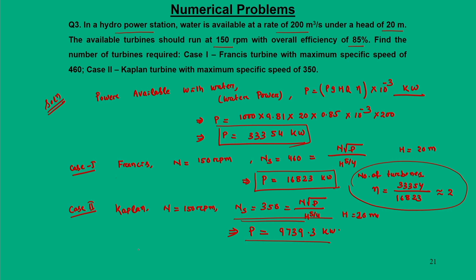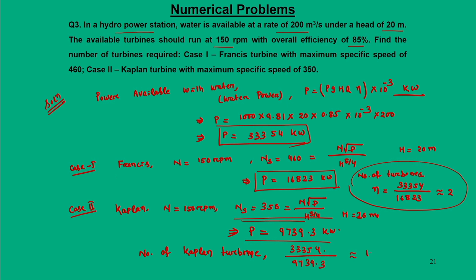So, from these specific speed expressions we can find out the power developed by one Kaplan turbine will be 9739 kilowatt, and the number of Kaplan turbines can be calculated as 33354 divided by 0.54 divided by 9739.3.